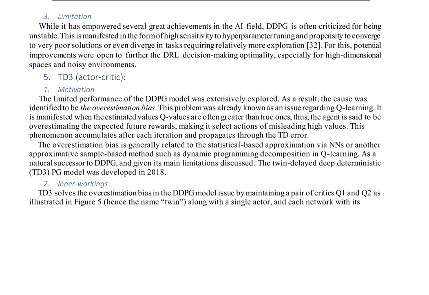The twin-delayed deep deterministic (TD3) policy gradient model addresses these limitations by maintaining a pair of critics, Q1 and Q2, along with a single actor, reducing the overestimation bias and improving performance.